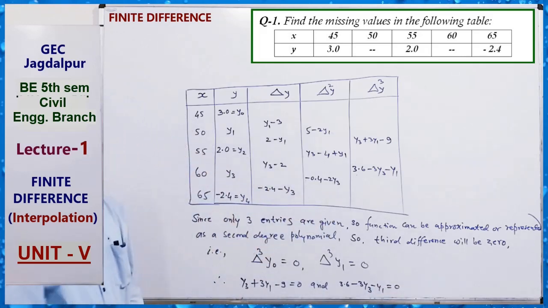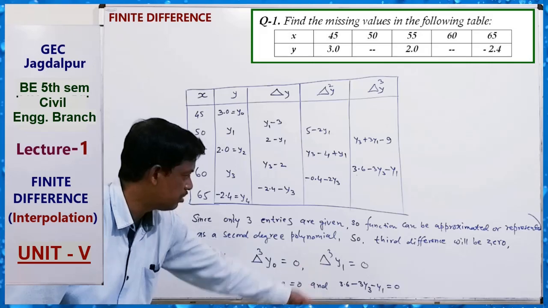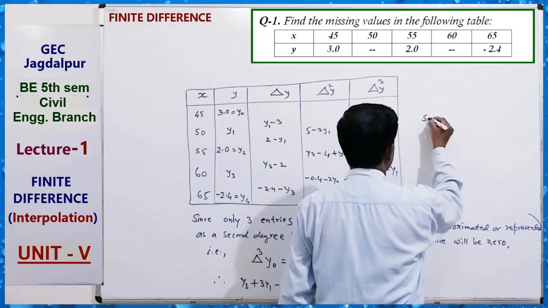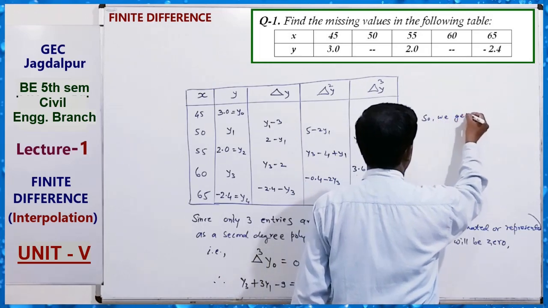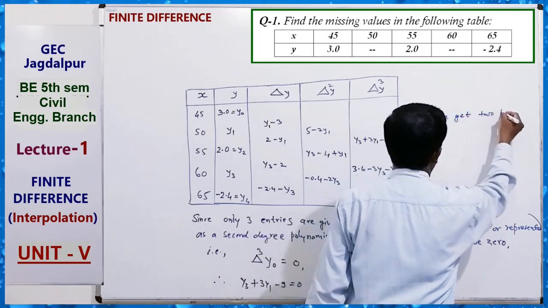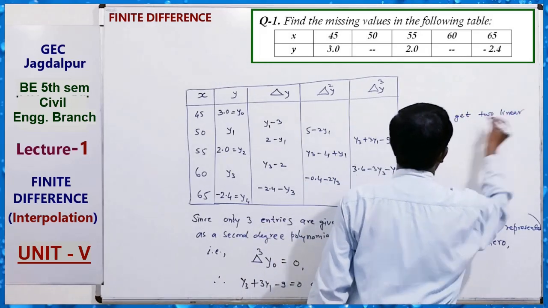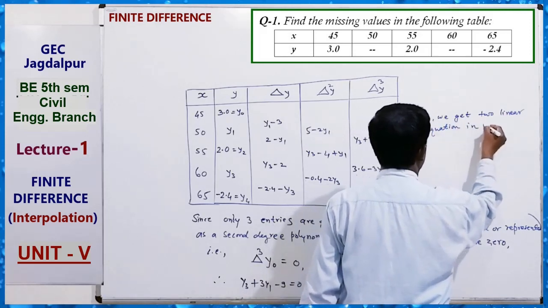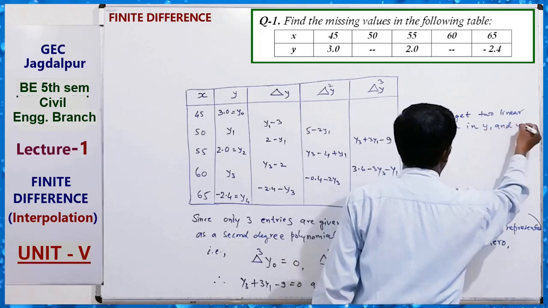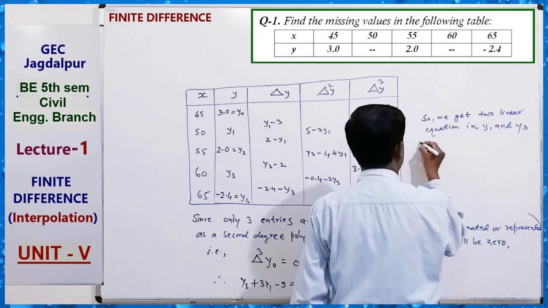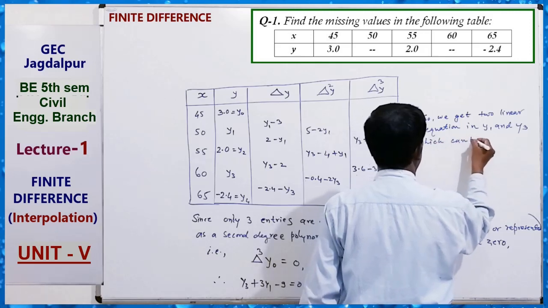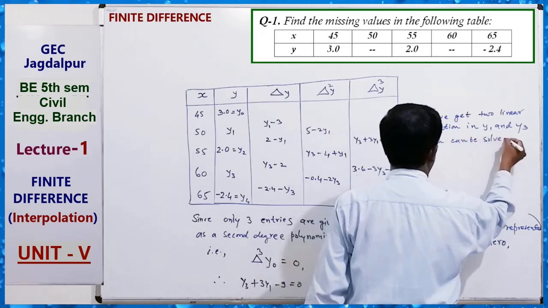Now we can solve it, because y1, y3 linear equations are there. So we get 2 linear equations in y1 and y3, which can be solved.